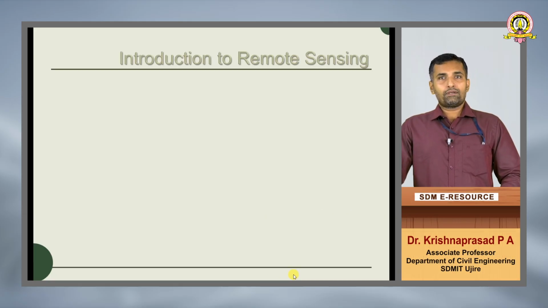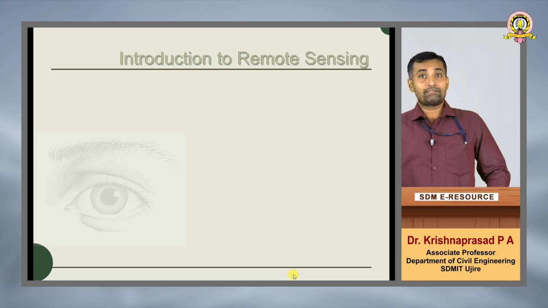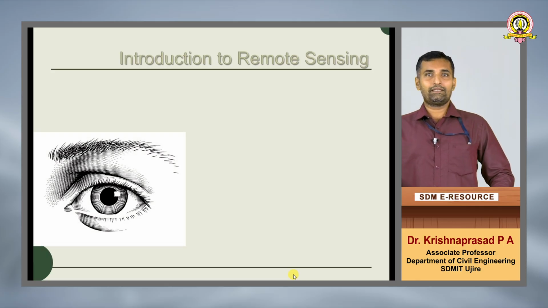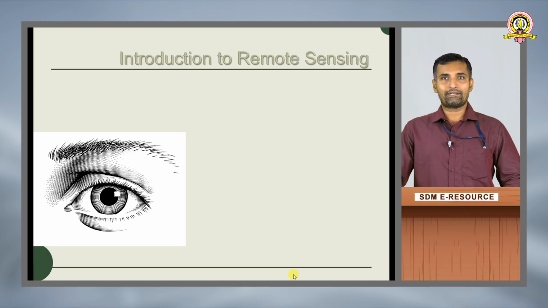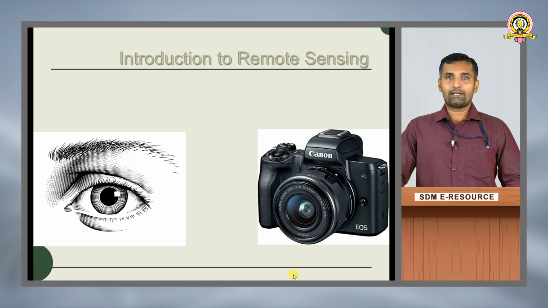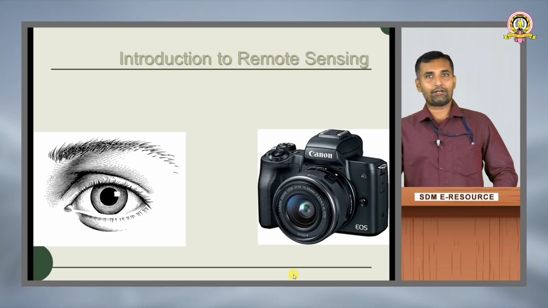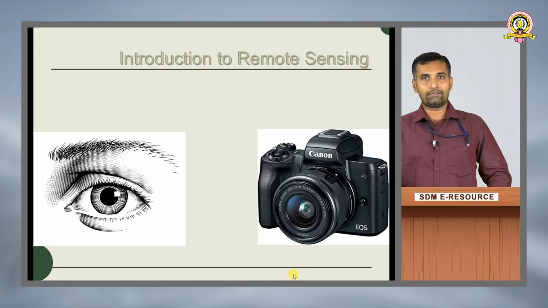All of us are mounted with one device, a sensor which is working in the electromagnetic spectrum. We call it eyes. Then we have another device, the camera, which can sense the reflected electromagnetic signals and capture them as an image.